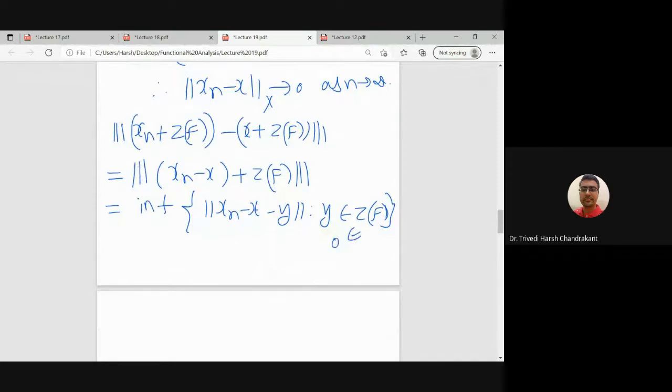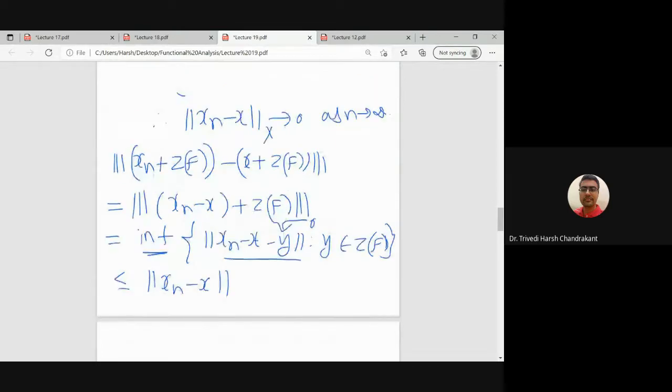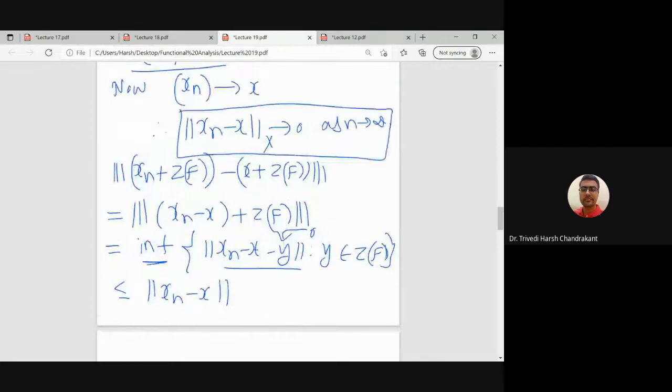That means this quantity is less than or equal to the infimum, so it is less than or equal to all elements, and in particular we have y equals 0. So this is less than or equal to the norm of xn minus x. So now whenever xn minus x converges to 0, xn plus kernel converges to x plus kernel.